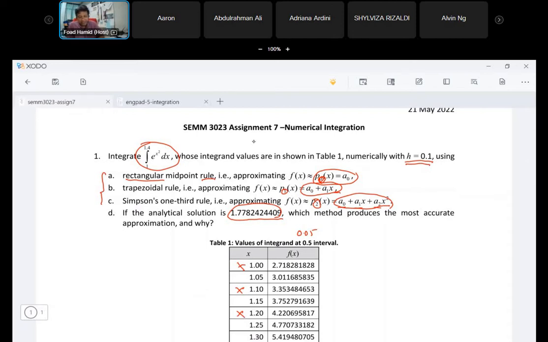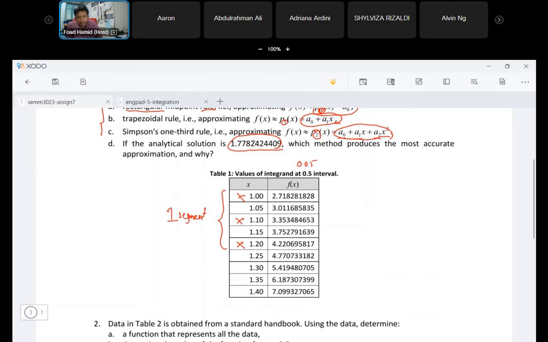That is considered one segment for the Simpson 1/3 rule. And this one and this one as the second segment.